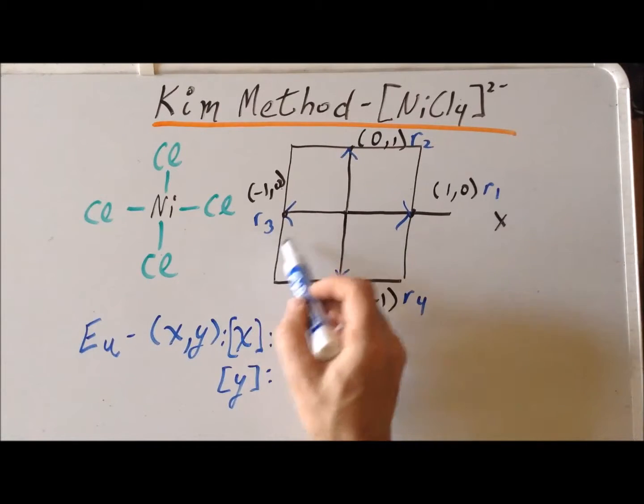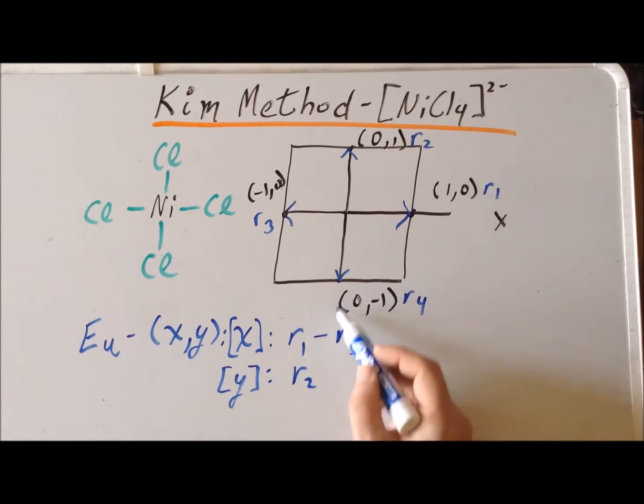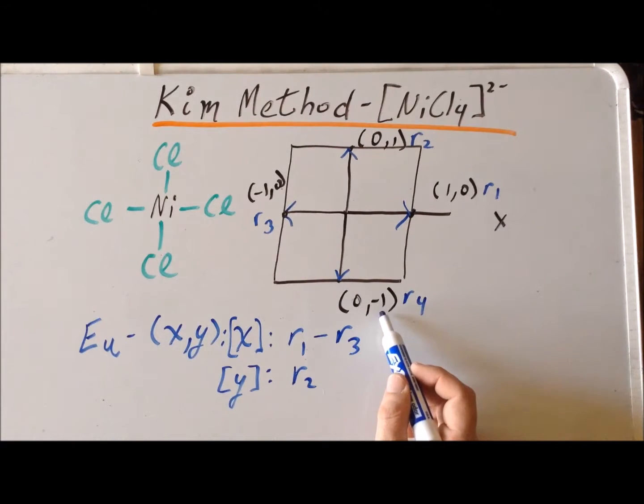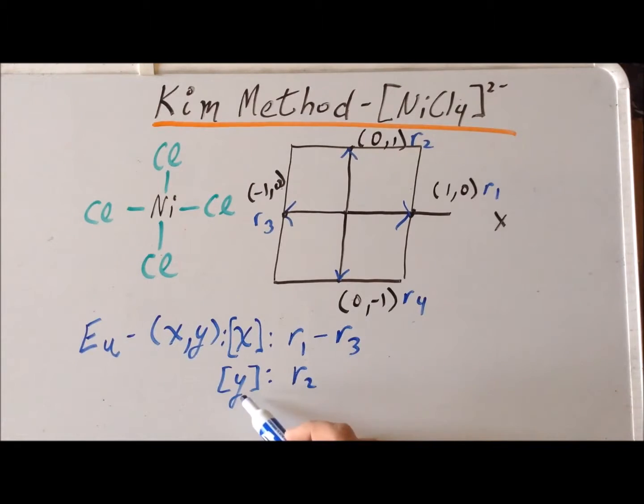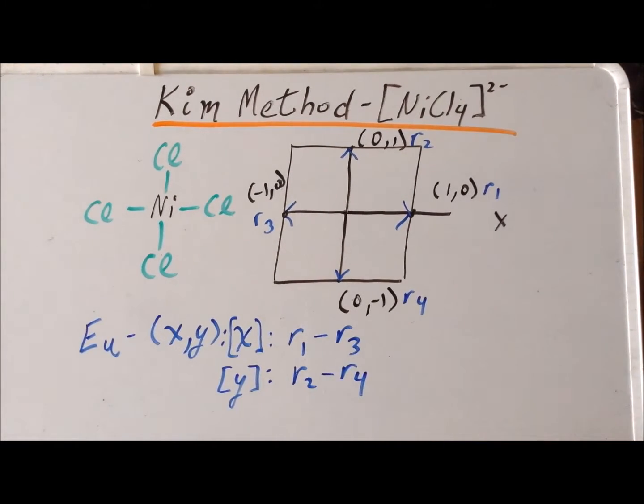For R3, the value of y is 0, so the coefficient is 0. And then for R4, the value of y is minus 1, so therefore the coefficient is minus 1 for R4. So that gives us the pair of doubly degenerate representation vibrations, R1 minus R3 and R2 minus R4.